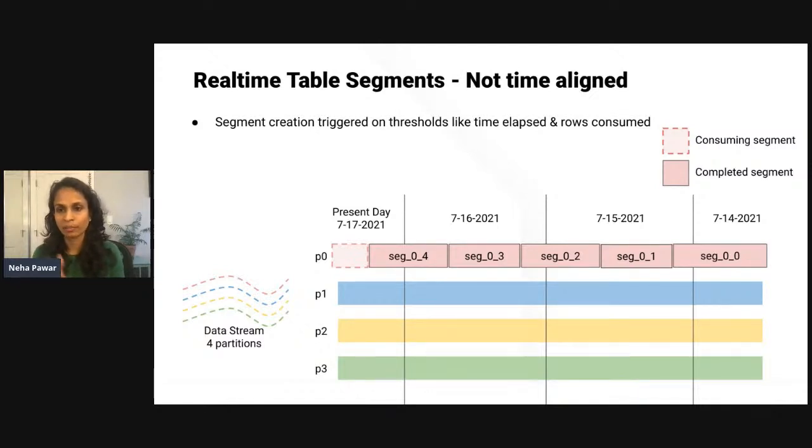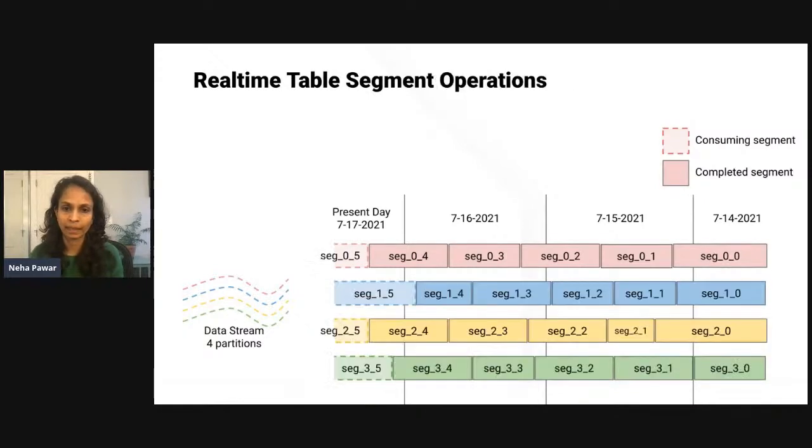By arbitrary, I just mean that you won't typically have a segment that starts on 14th midnight and ends on 15th midnight, or segments that are like 1 per hour. You won't have something like that. Same thing for all the partitions. And another thing to note is that the segment boundaries don't even match across the partitions. It's like totally random.